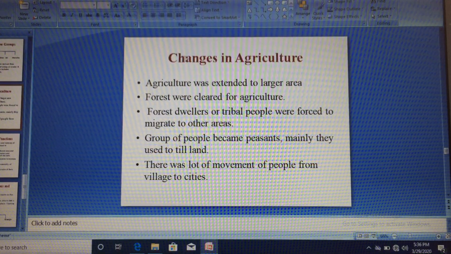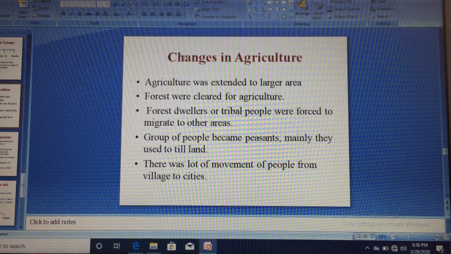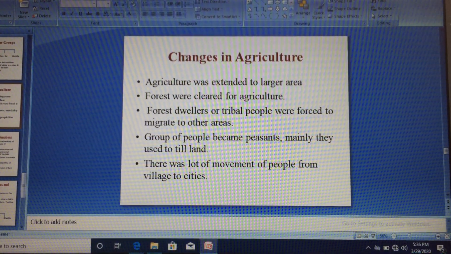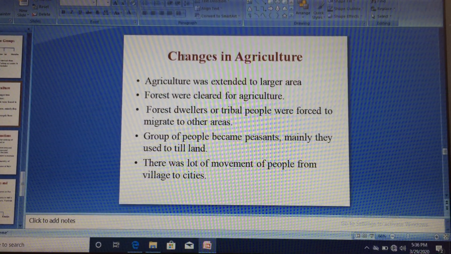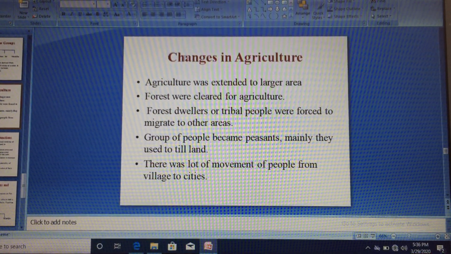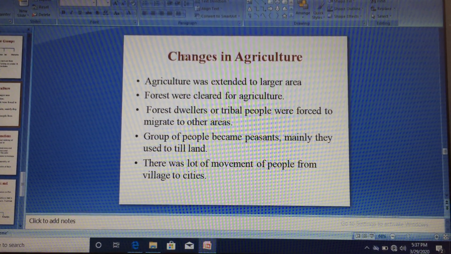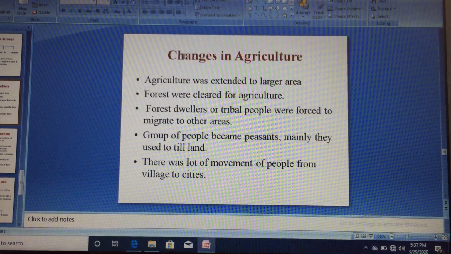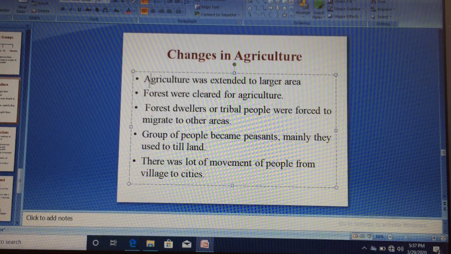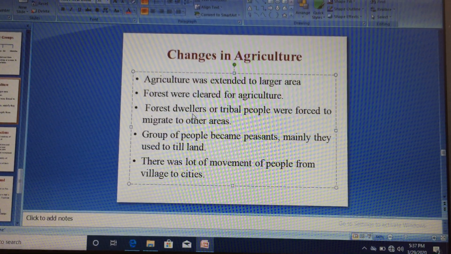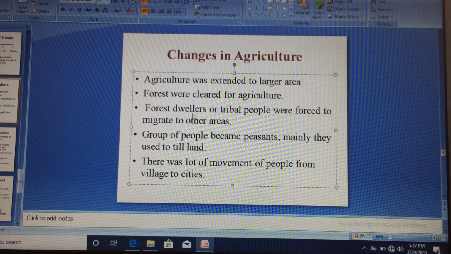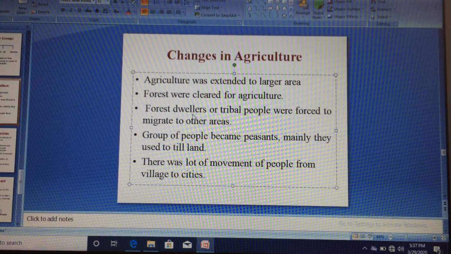So as the chapter name suggests, tracing the changes through the past, we are tracing all the changes which took place in the medieval period. Be it map, be it terminology, be it technology, be it agriculture. So in agriculture also we see a lot of changes. The agricultural area was extended to a larger area.